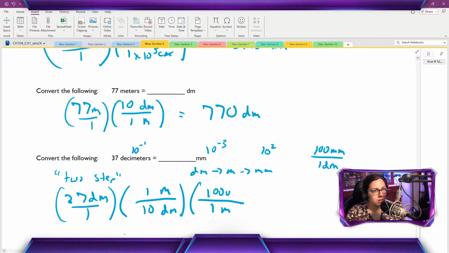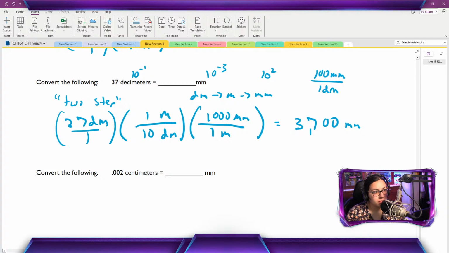So there's 1,000 millimeters in 1 meter. So that kind of helps you see that 100 difference factor between them. And so then we should get for our answer 3,700 millimeters. And let me know, chat, if that's what you got. Thumbs up. Or if I made a mistake, also let me know.